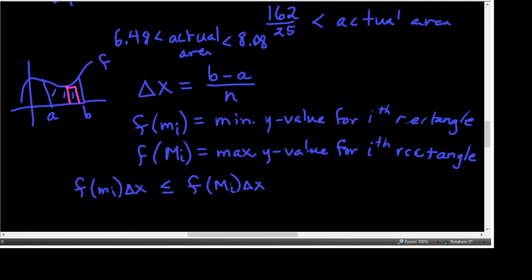And we can call this one that we first identified the area of the inscribed rectangle, and this would be the area of the circumscribed in the second case.